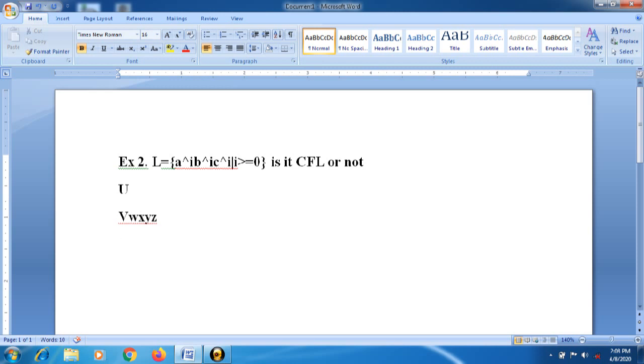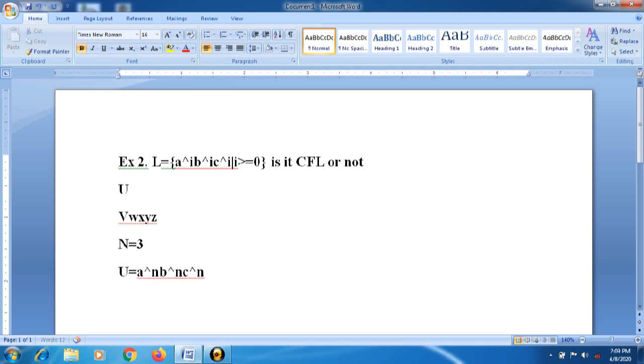First of all, we have to consider u. Suppose small n is equal to 3. Then u is equal to a raised to n, b raised to n, c raised to n.